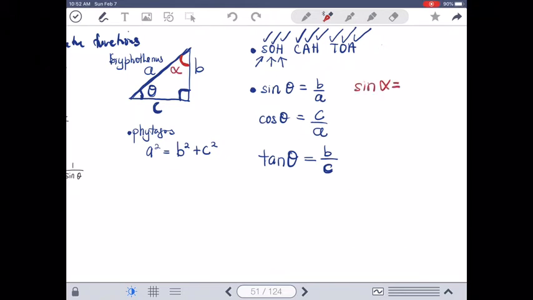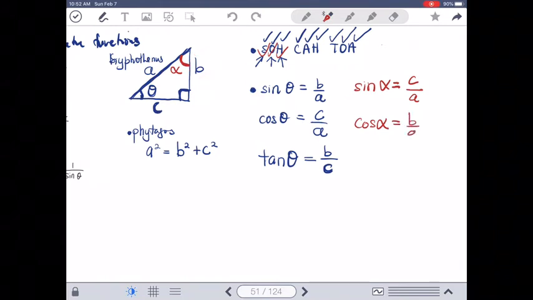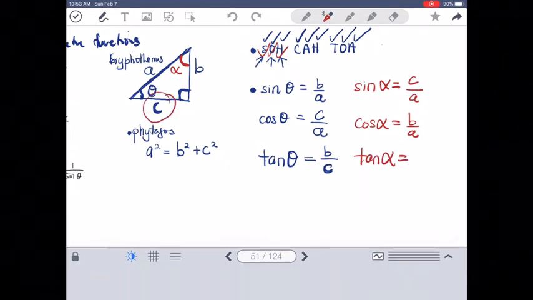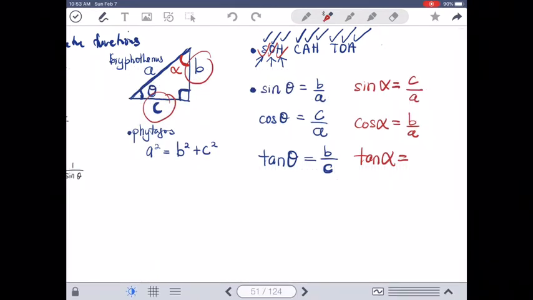Sine lambda is opposite over hypotenuse. Opposite is C, hypotenuse is A. So cos lambda equals to adjacent over hypotenuse, so B over A. Tan lambda is just equals to opposite over adjacent, so C over B.